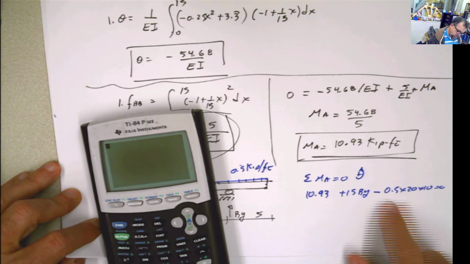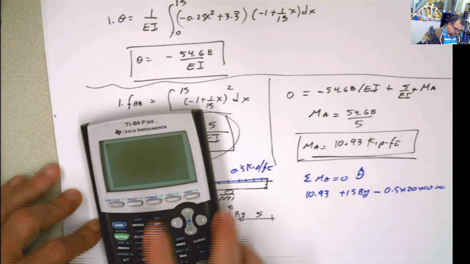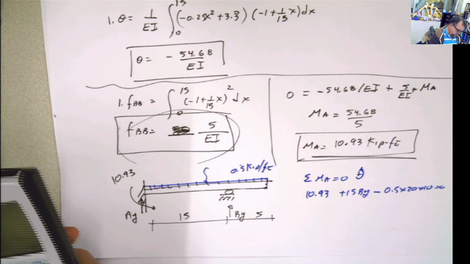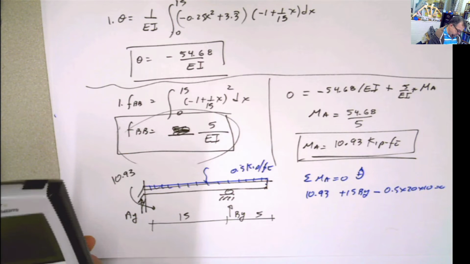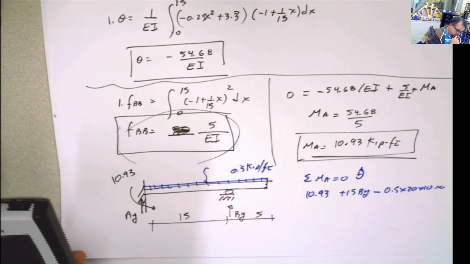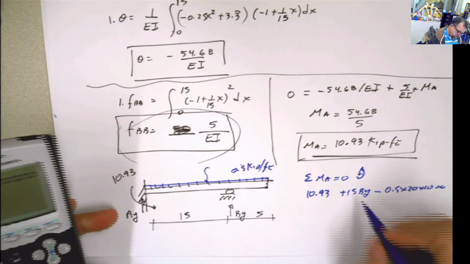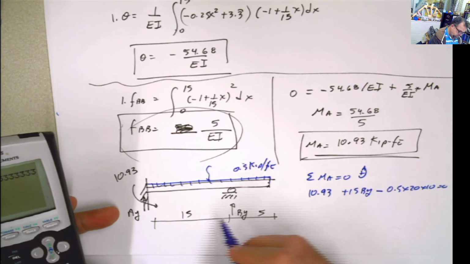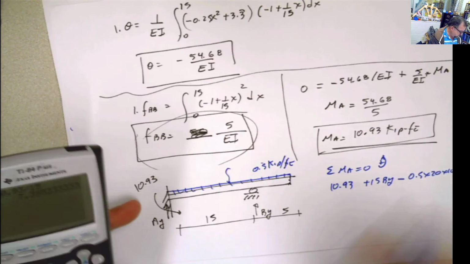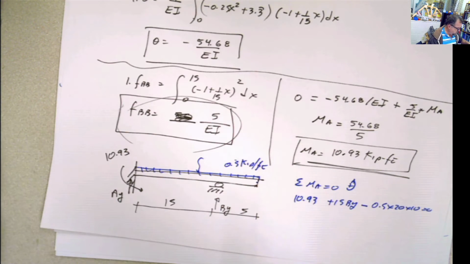So this is going to be 100 minus 10.93 divided by 15.